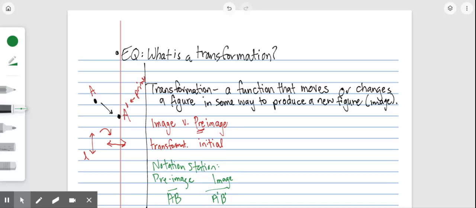And just so that you know, it is said A prime. Okay. And then if you transform something more than once, like let's say I took this A and then I translated it again up here, then my new image would be called A double prime. Each time that you transform an object, you add a prime to it.